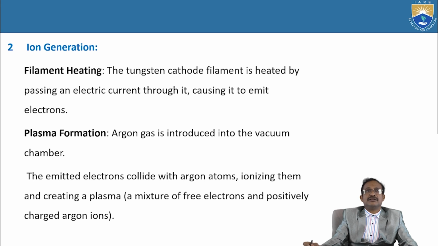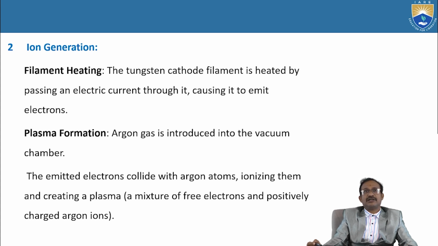Next, ion generation. Filament heating: the tungsten cathode filament is heated by passing an electric current through it, causing it to emit electrons. Through the electrical power supply, we are energizing it so that it delivers the electron beam. Next, plasma formation. Argon gas is introduced into the vacuum chamber.